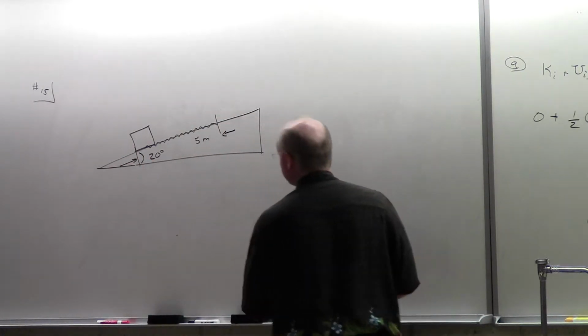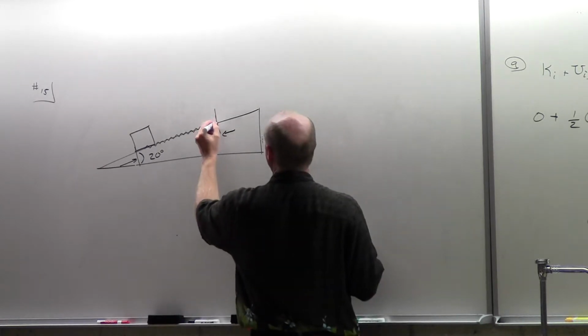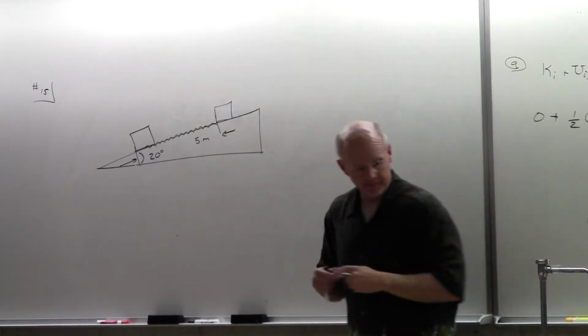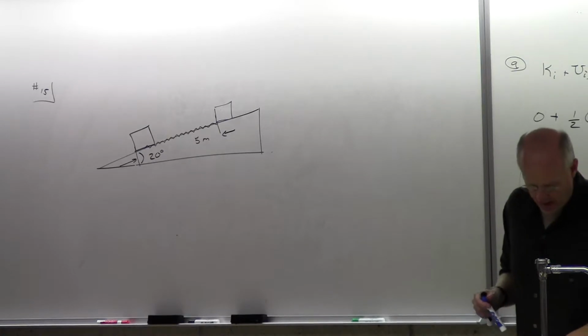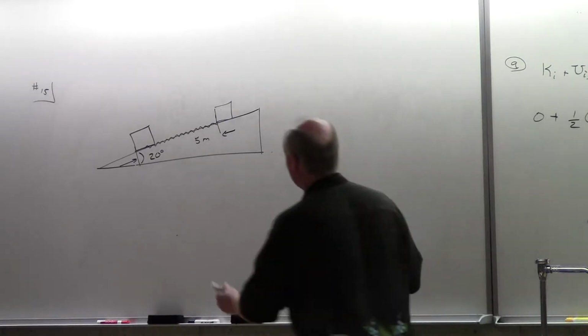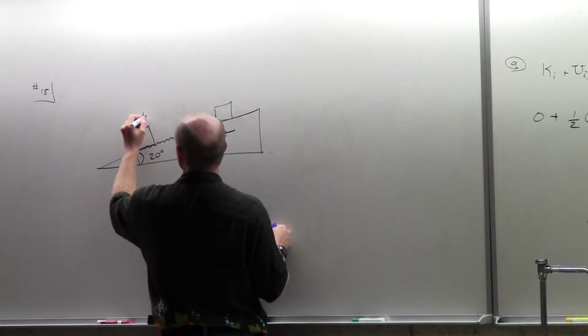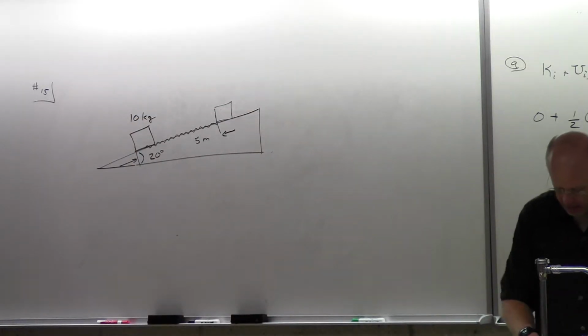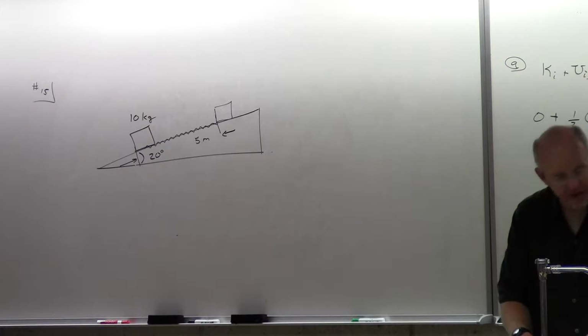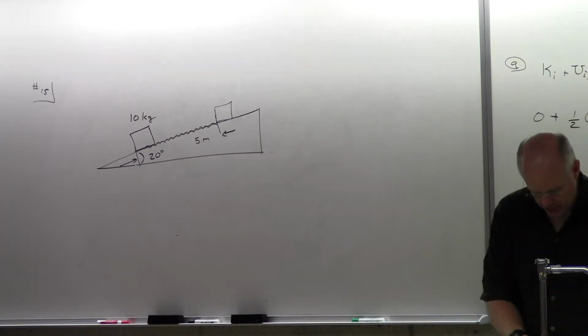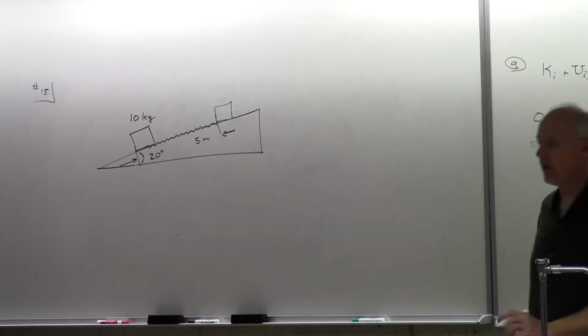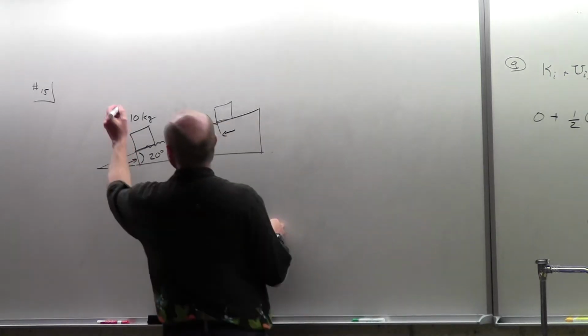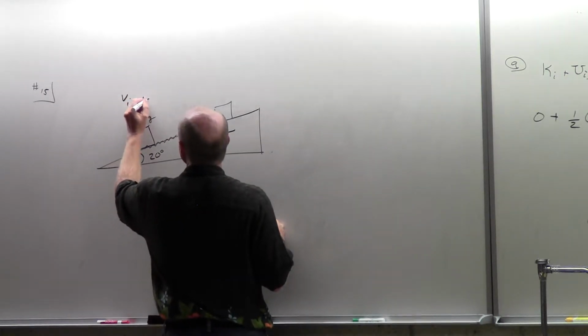So it'll start down there and go up to here. A crate of 10 kilograms. I'll put that in the picture too. So here is the 10 kilograms. A crate of 10 kilograms is pulled up a rough incline. So there's the friction. With an initial speed of 1.5. So back here at the beginning, it's already moving.